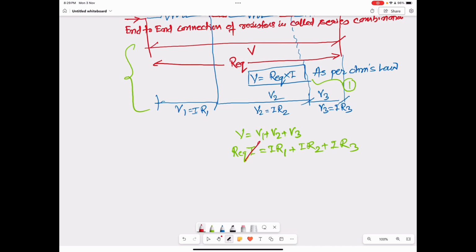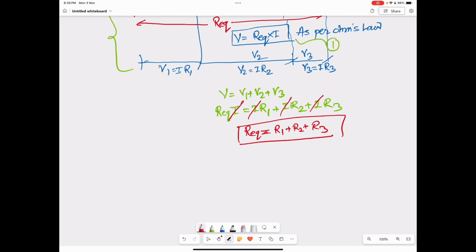I will cancel out I, I, and I. So what I will get? Req is nothing but R1 plus R2 plus R3. So in the series combination, equivalent resistance is nothing but the sum of all resistances connected to each other.